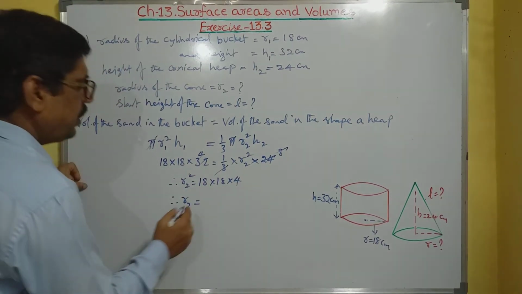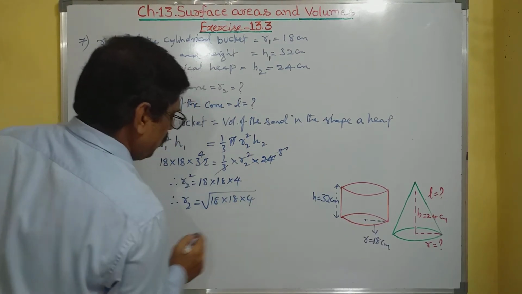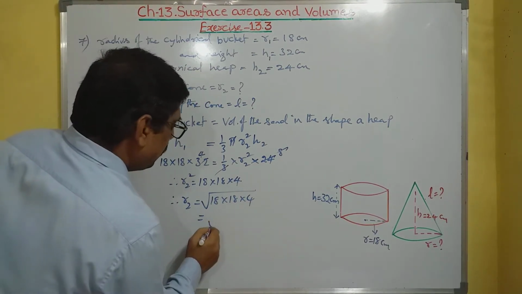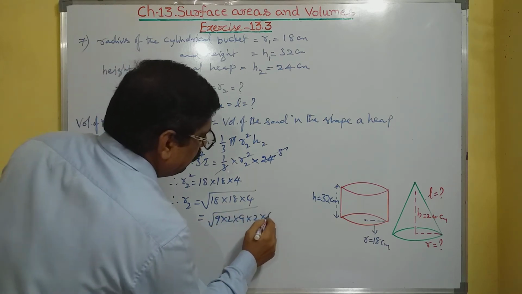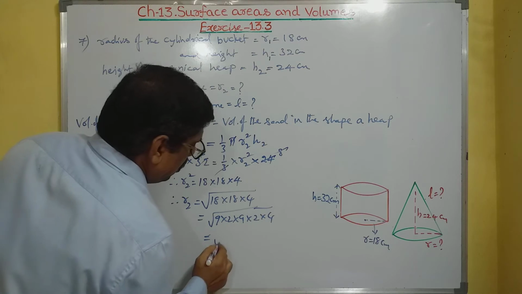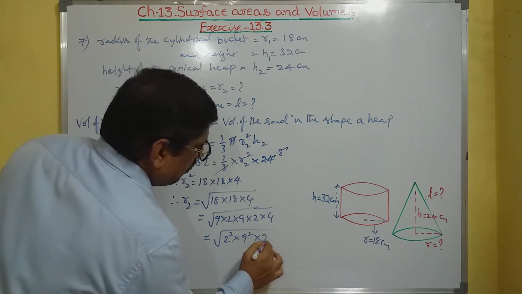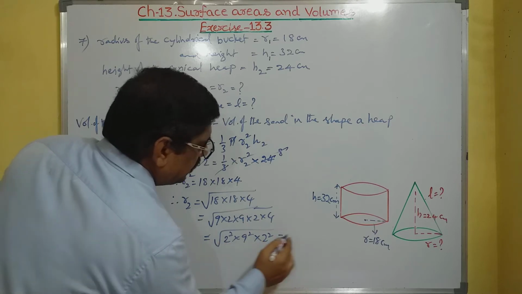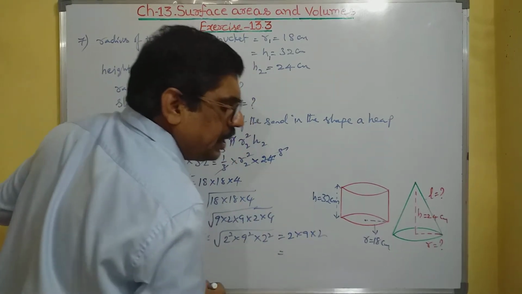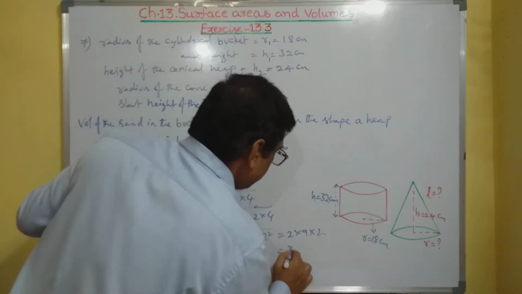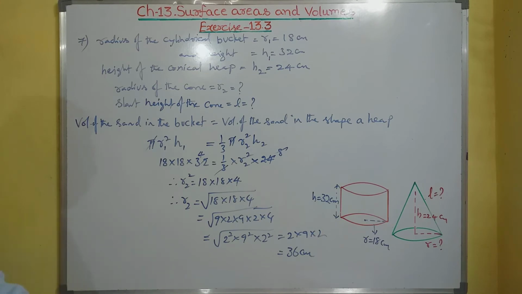If you remove the square in the LHS, we get R2 is equal to root of 18 into 18 into 4. Now this can be written as 9 twos are 18, so 2 square, 9 square, and 4 can be written as 2 square. Then we get 2 into 9 into 2, that is 18, and 18 twos are 36. 36 centimeters is the radius of the cone.